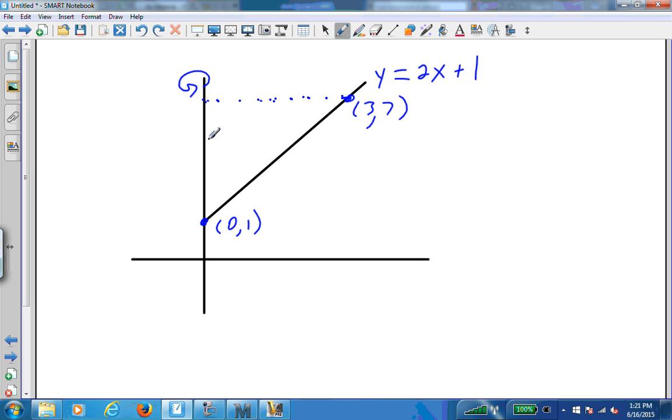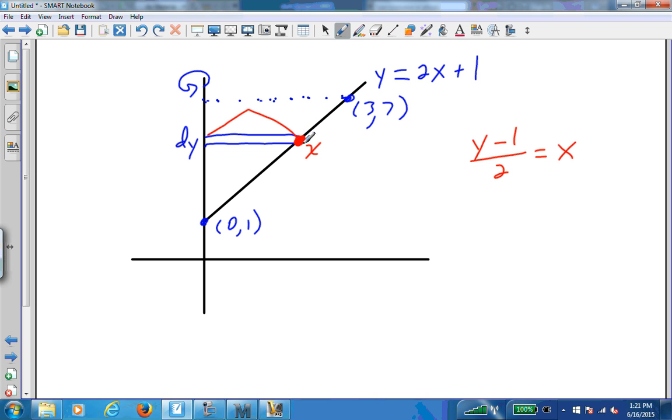If we want to use the disk method, which is the name of this method, we'll draw our sample element to be perpendicular to the axis of rotation. It's going to have a thickness dy, and this distance is just whatever the x value is there. So we need this as a function of y, so we need to solve it for x. Solving that for x, we get x equals y minus 1 over 2.